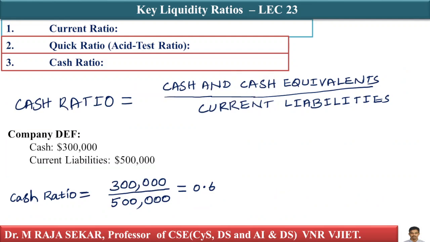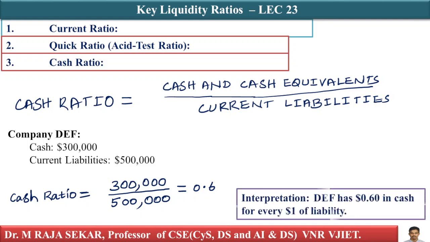What is the last one, the third one? Cash ratio. Cash ratio is nothing but cash and cash equivalents by current liabilities. Let me assume some numbers. Cash is this number, liabilities is this number. If I calculate, I am getting 0.6. What is the interpretation?